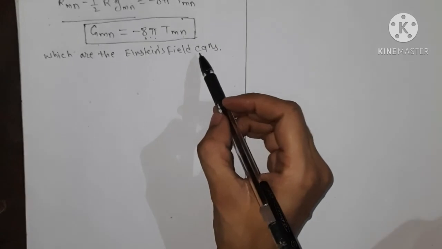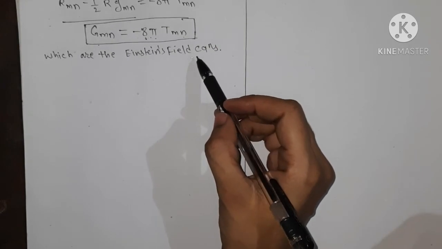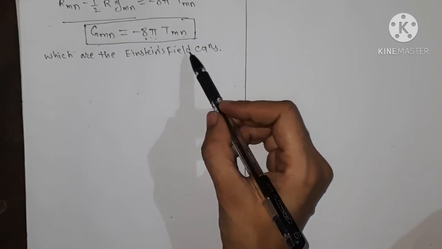This field equation was first proposed by Hilbert. Therefore, this is also called the Einstein-Hilbert equation.